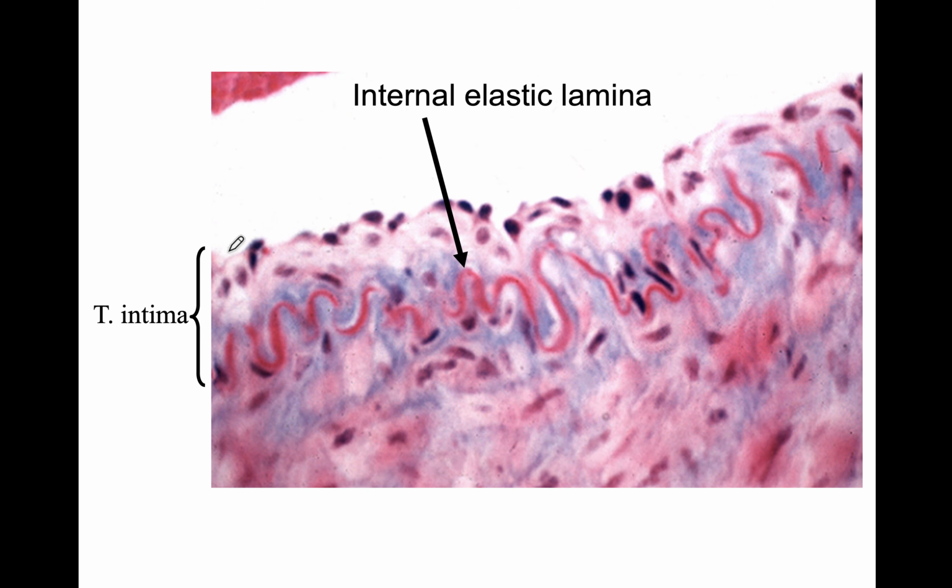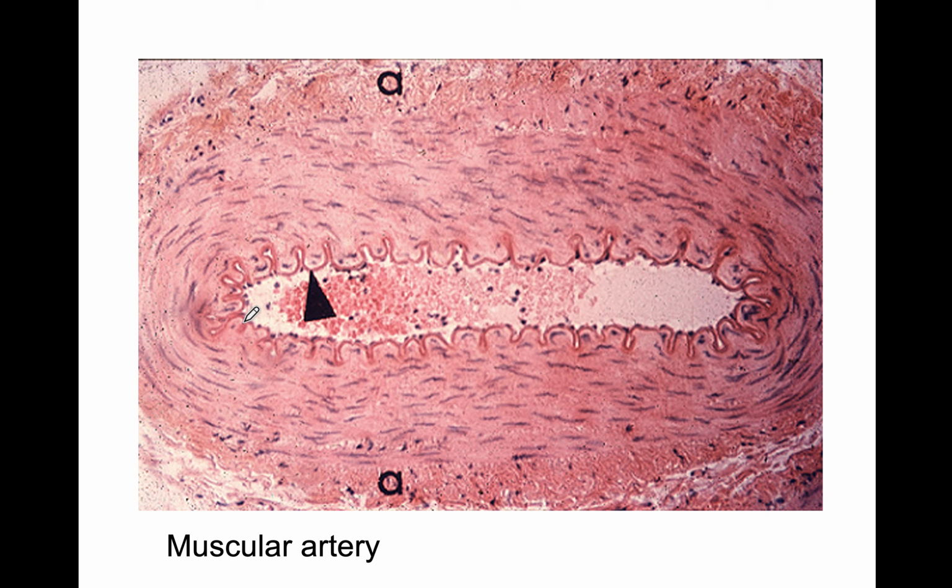So this is the tunica intima, this is the endothelium, which is simple squamous, and the subendothelium, and at this layer here we have the internal elastic lamina, which limits the tunica intima from the media. Again, this is a muscular artery, this is the endothelium, and this is the internal elastic lamina.